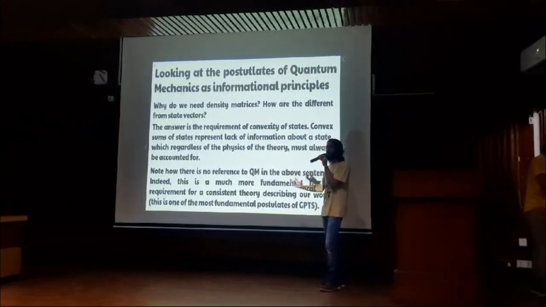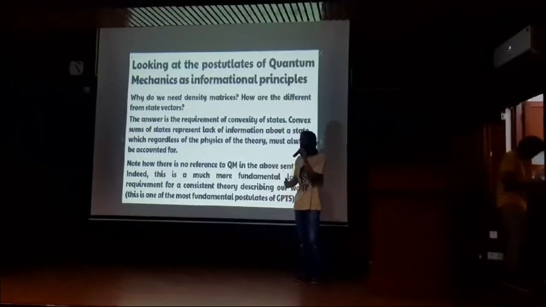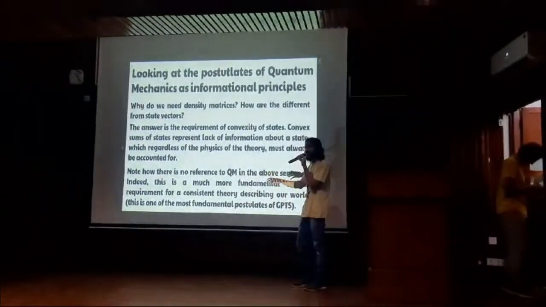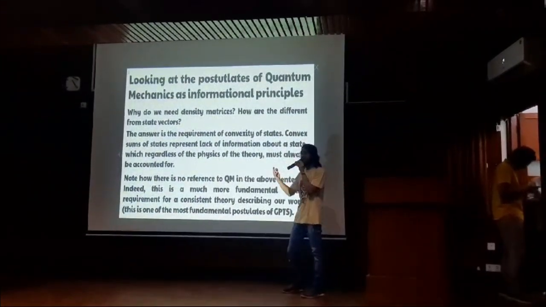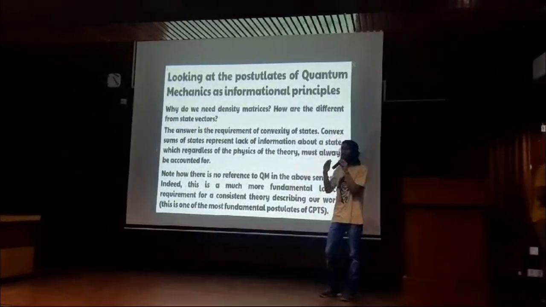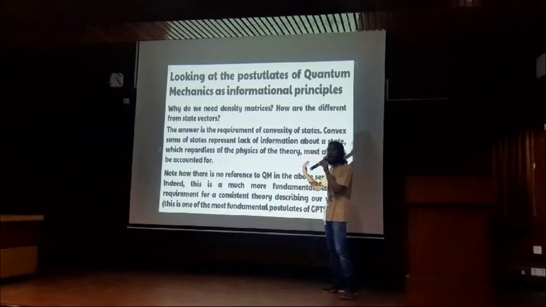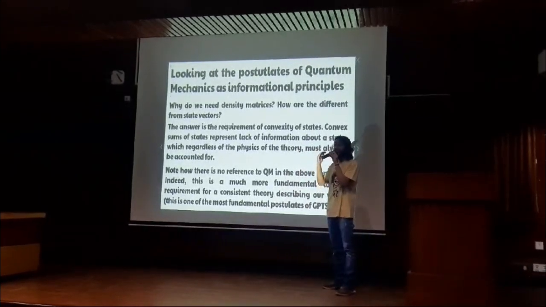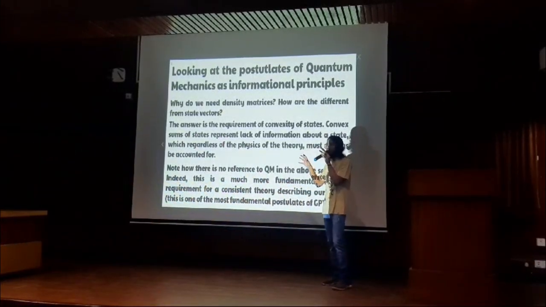So let's say I have a machine here which can prepare a state, either 0 or 1. First I flip a coin, I get heads or tails, and depending on that I press a button and it gives me 0 or 1, correct? So the state here is a convex combination. Convex combination just means that the coefficients add up to 1 because we're taking half and half. But it's essentially a probabilistic mixture. Convex combinations are probabilistic mixtures, right?